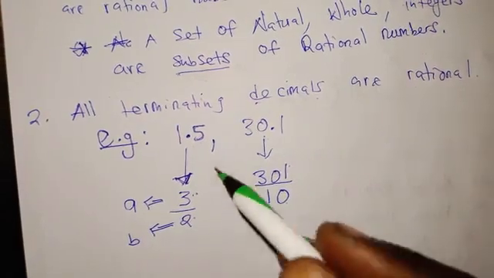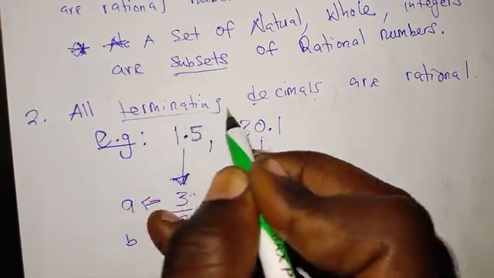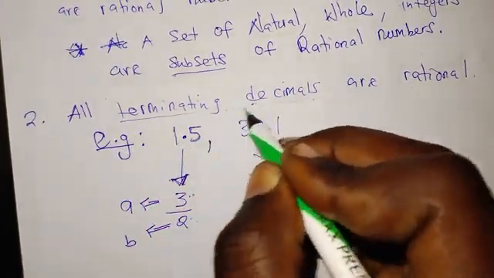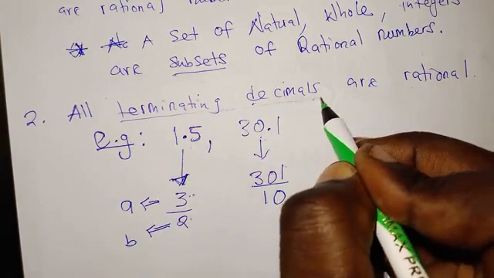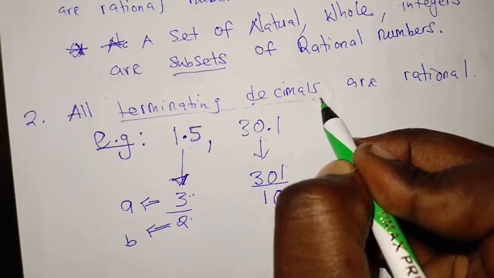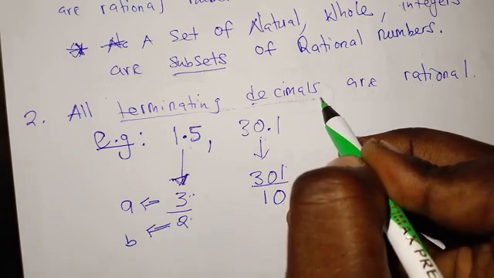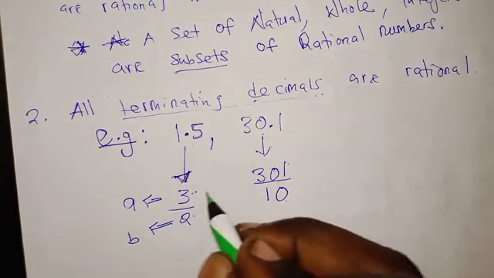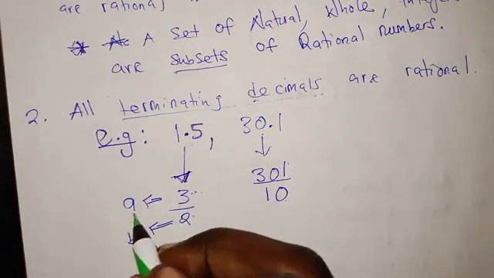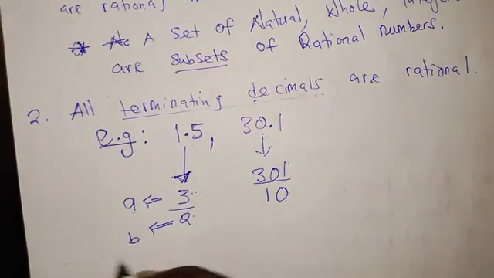So that is the characteristic: all terminating decimals are rational. Why? Because they are able to be expressed in the form of A over B.